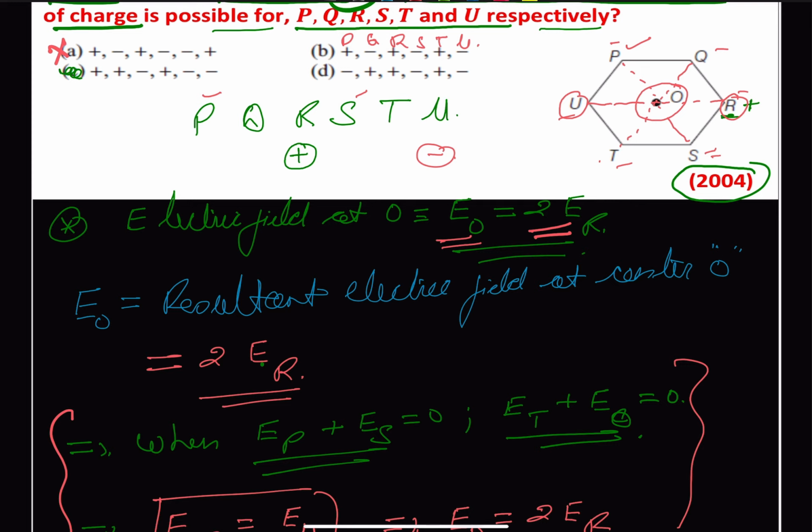So therefore we get that our P will be negative, and correspondingly our S will be also negative, and Q is positive because we are only giving 3 plus 3 charges.